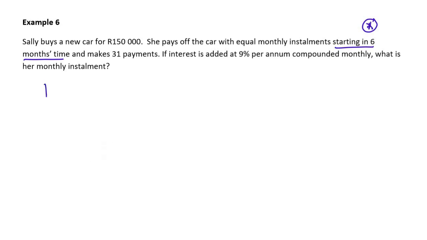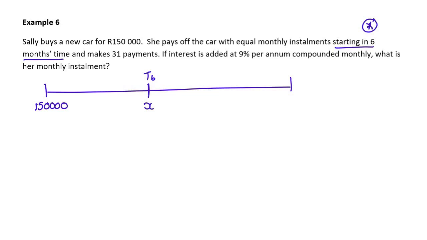So if I have a look at this, Sally owes 150,000 Rand now. So that's her present value for her loan. She starts paying off in 6 months' time. So in T6, she starts paying X. And then she pays 31 payments. 31 payments.